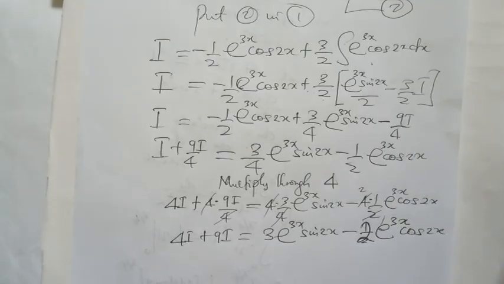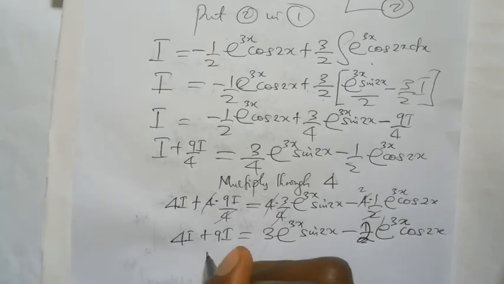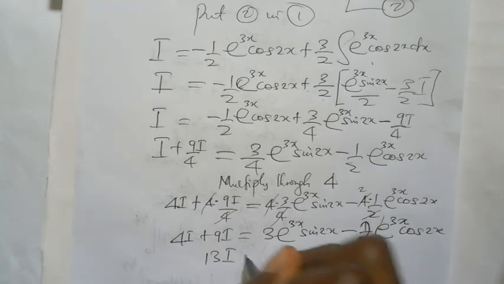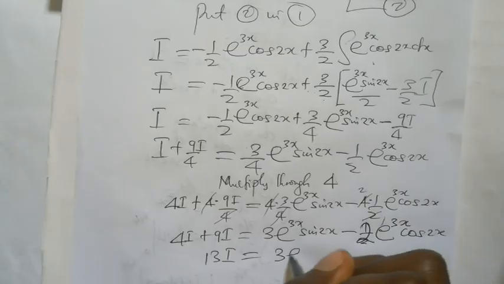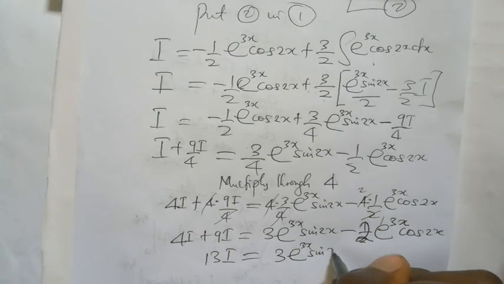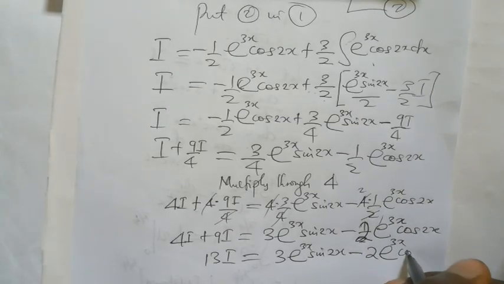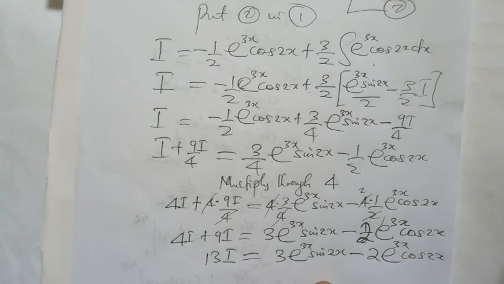You get it? So 4I plus 9I is going to give us 13I, which is equal to 3e to the power of 3x sine 2x minus 2e to the power of 3x cos 2x.